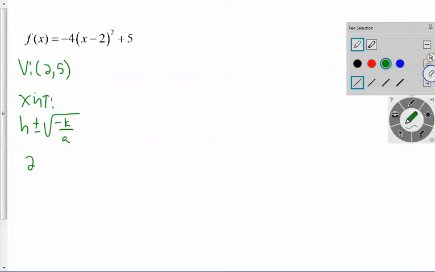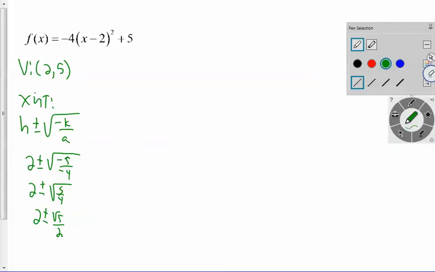We're going to go 2 plus or minus the square root of negative 5 over negative 4. So this is 2 plus or minus the square root of 5/4. Now, what does that become? That becomes 2 plus and minus radical 5 all over 2. Those are my goofy x-intercepts.